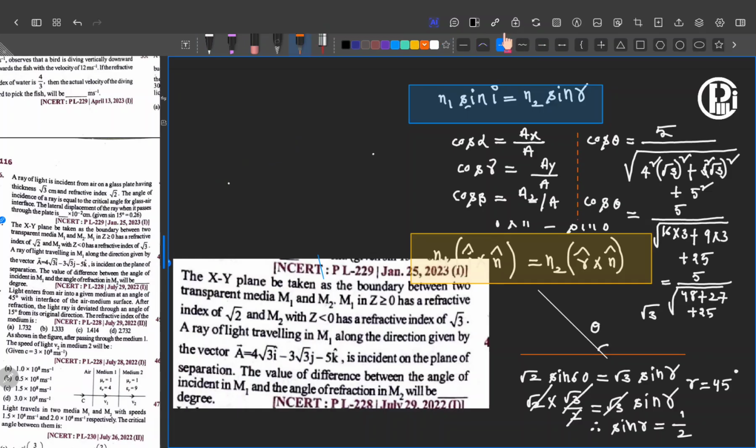Right, let me draw the diagram again. Sorry for the calculation mistake, don't mind. Just take it in reverse order.